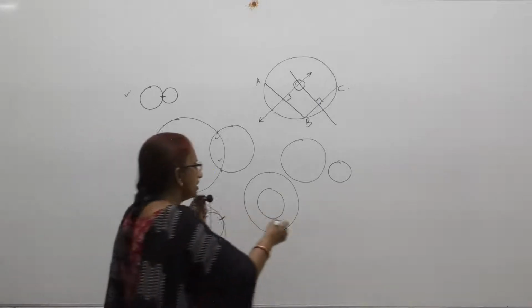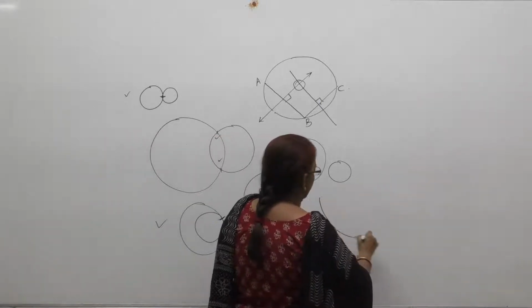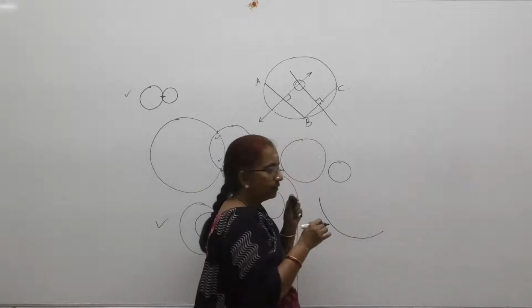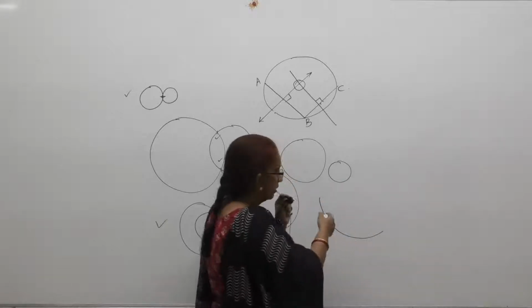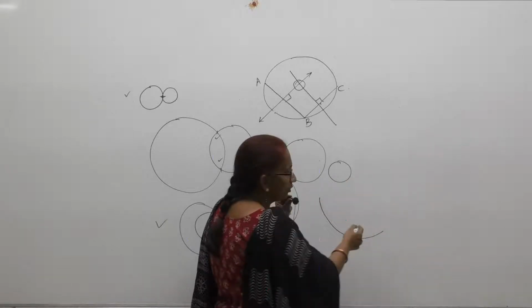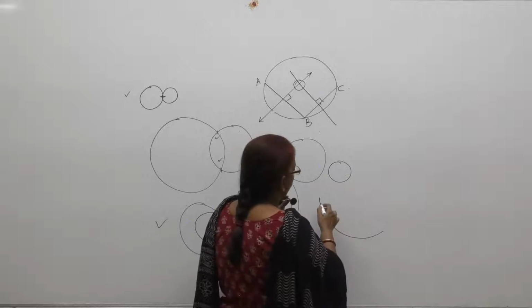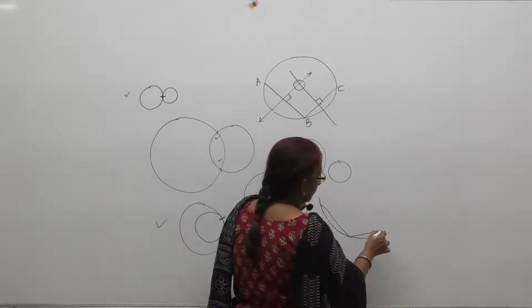Okay. So if you're just given one arc, and you need to find the center of the circle which is formed when you complete this arc, you need to draw two chords again.